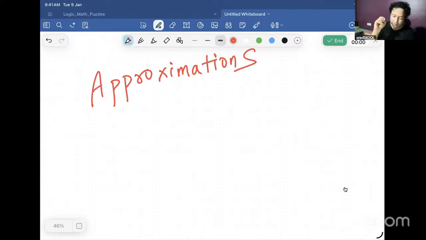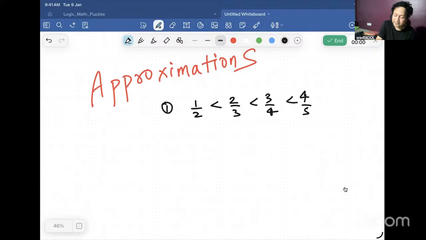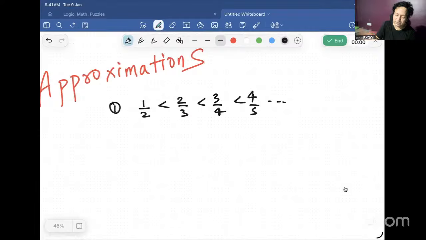Let's say I have, कुछ बातें तो नोट कर लो हमेशा के लिए. पहला, 1/2 is less than 2/3, is less than 3/4, is less than 4/5, and so on, जहां तक भी जाओगे हमेशा ऐसा हो.